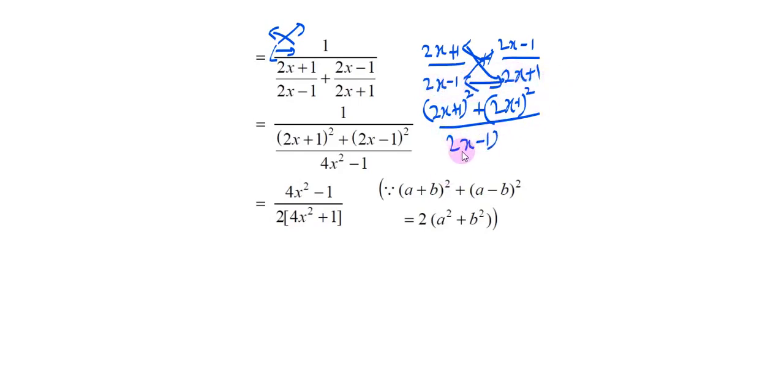So 2x minus 1 into 2x plus 1. We know the formula, a plus b into a minus b is a square minus b square, you know.